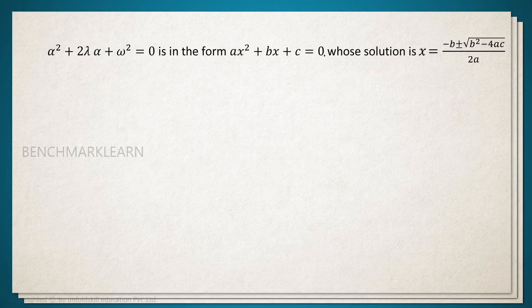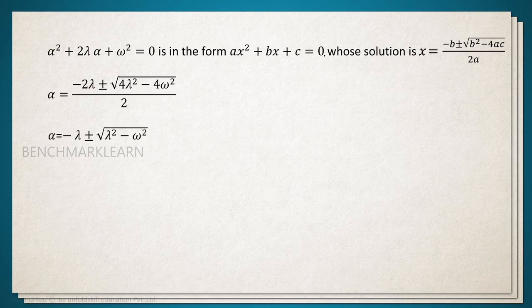So x equal to minus b plus or minus square root of b square minus 4ac, by 2a. Applying this, we get alpha equal to minus 2 lambda plus or minus square root of 4 lambda square minus 4 omega square, divided by 2, that is equal to minus lambda plus or minus square root of lambda square minus omega square.